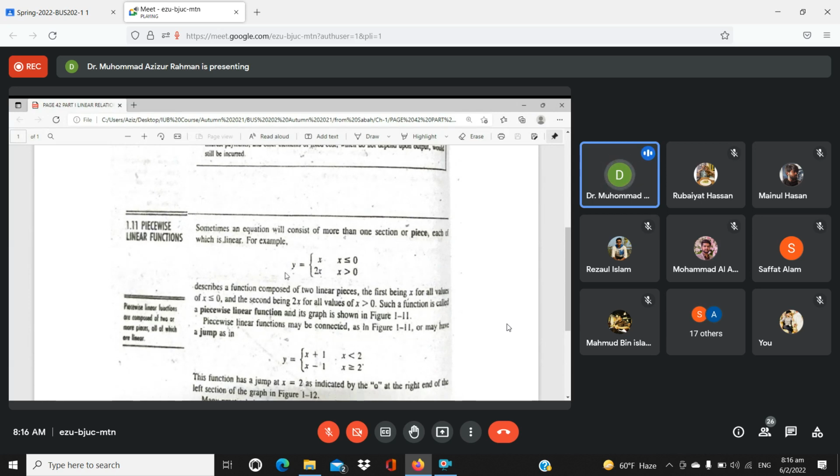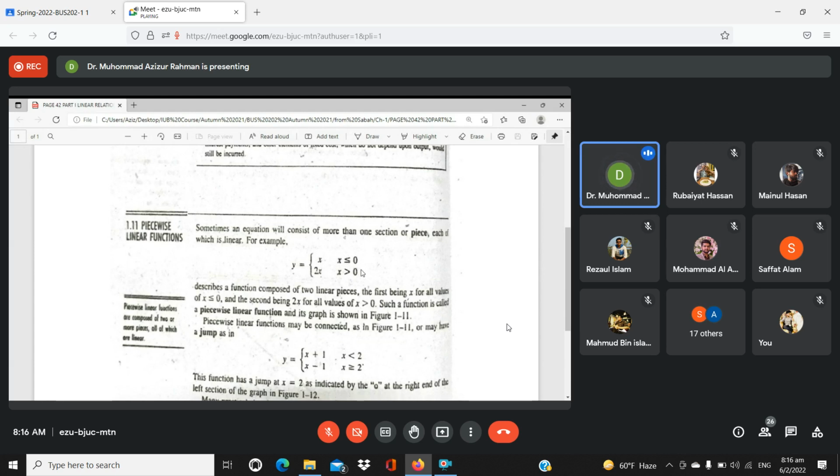For example, shown here, y equals x when the value of x is less than or equal to 0. If this is the condition, then we can write y equals x.